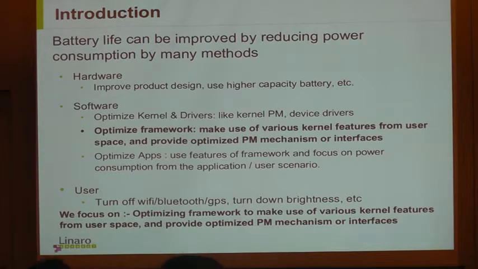From software, we can do the optimization on the kernel driver layers or on the Android framework layers. We can also do the optimization from application layers. As the user of an Android device, we can turn off Wi-Fi, Bluetooth, or GPS, or turn down brightness to extend the battery life.